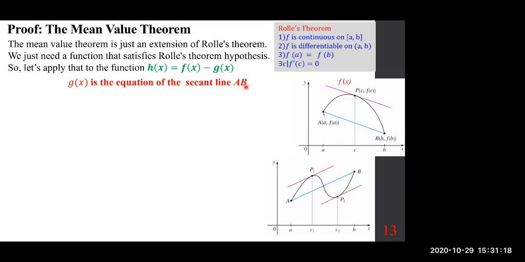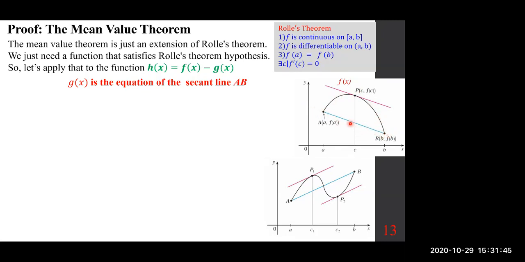In other words, if this is the function f of x, then this line, the blue line, is the secant line. So the difference between this function and this function, we give the name h of x. Now this function is f of x, not a big deal. But what is this function? This is a secant line, everybody.